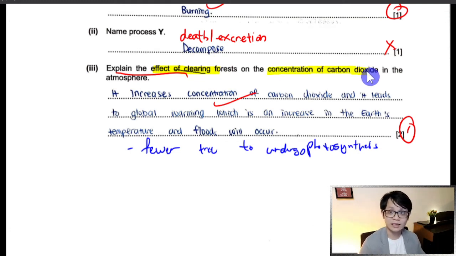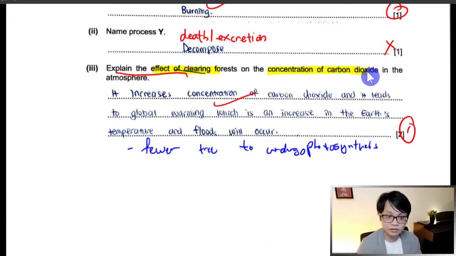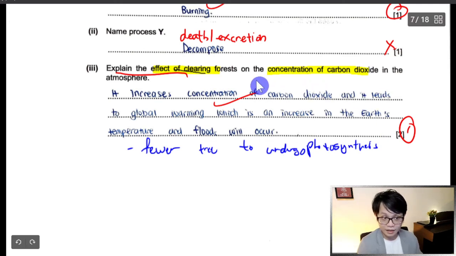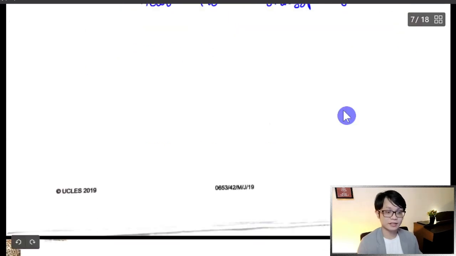First we say the concentration is getting higher because there are fewer trees, and fewer trees means less photosynthesis. Less photosynthesis means less oxygen produced. So that is how we explain the concentration of carbon dioxide with the clearing of forests. You see or not? So we need to read the question carefully. The student only gets 1 mark for the question.